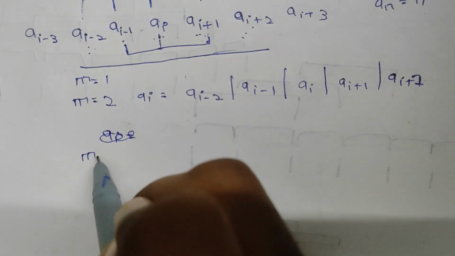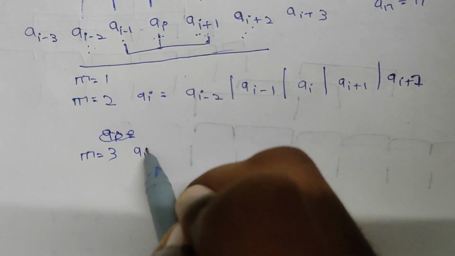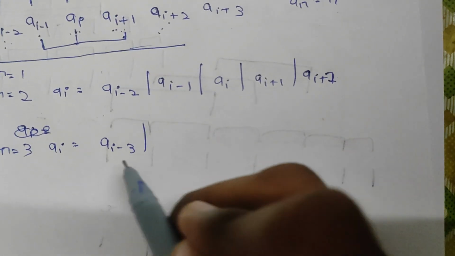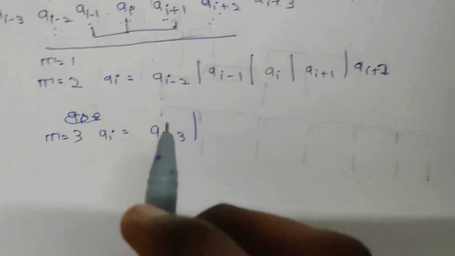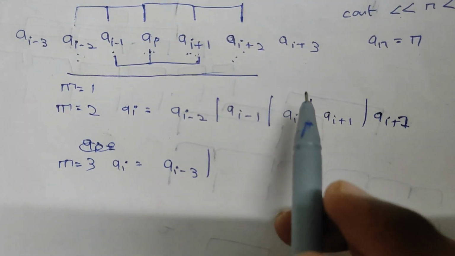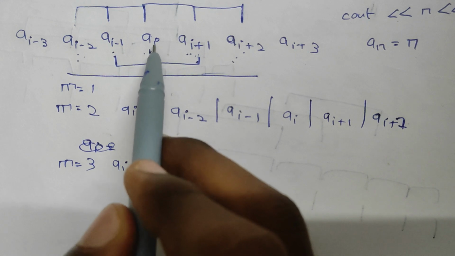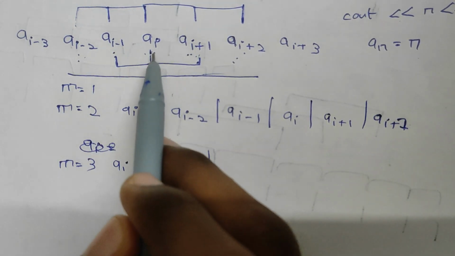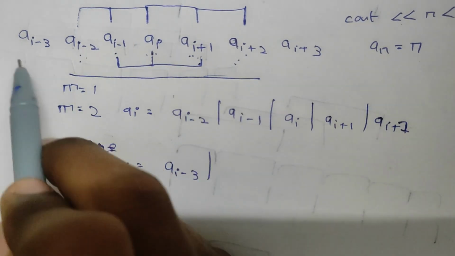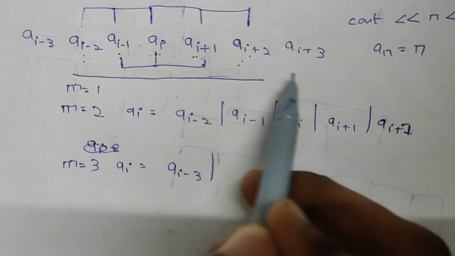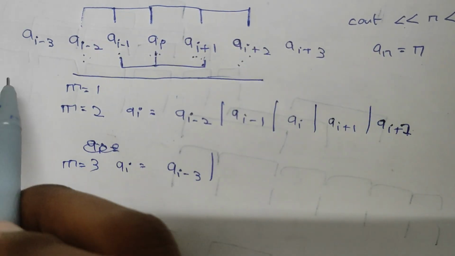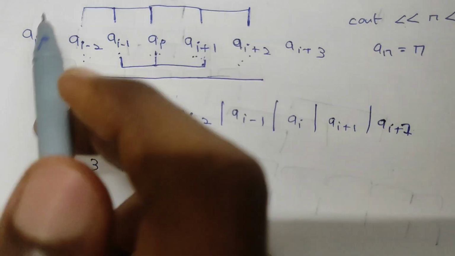And similarly in the third operation a_i will be equal to a_(i-3) bitwise OR and so on. So the window gets expanded by one element on the left and one on the right: the number of elements that affect a_i gets incremented by 2 in each operation.